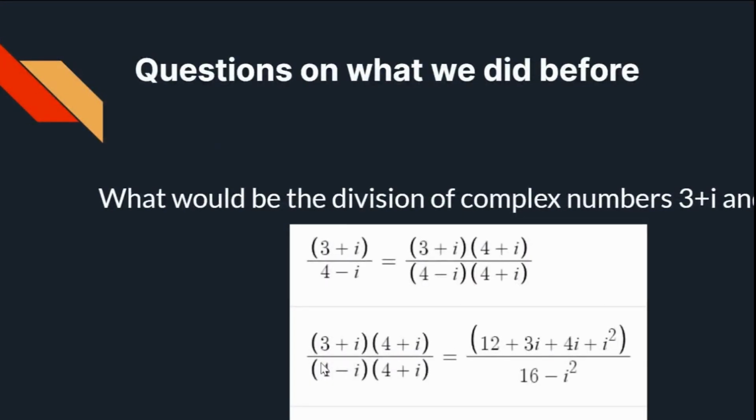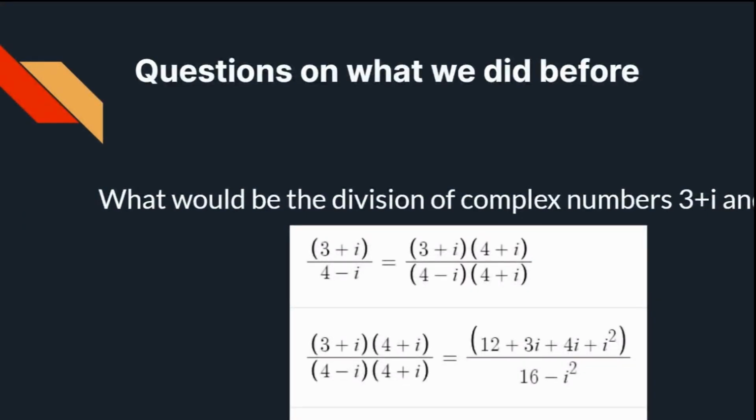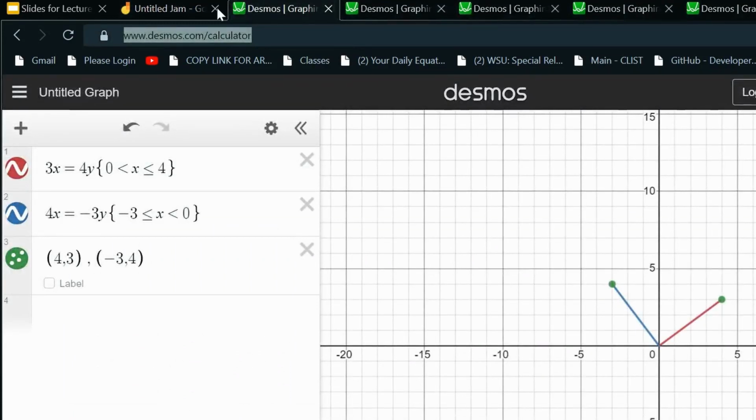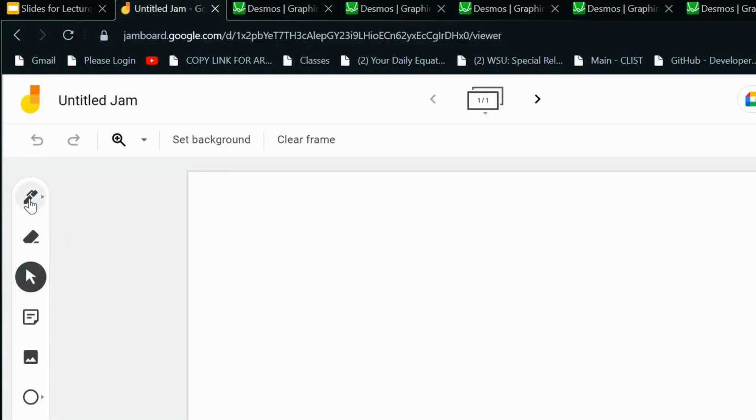Now if we can jump on the Jamboard for a second. The next topic that we are going to cover is what complex numbers represent. This is the graph, but let's talk about what it means. Let's say we have a number, 3 plus 4i.